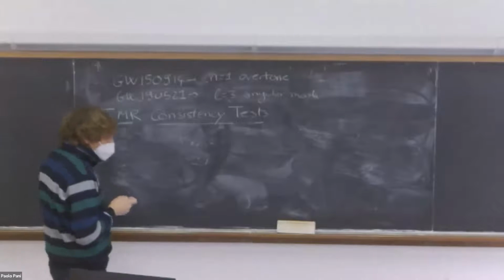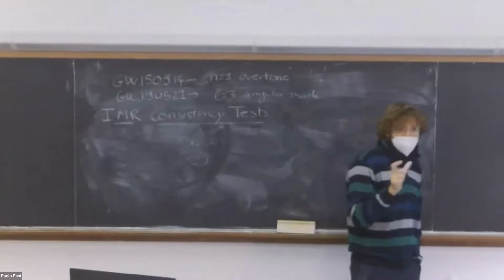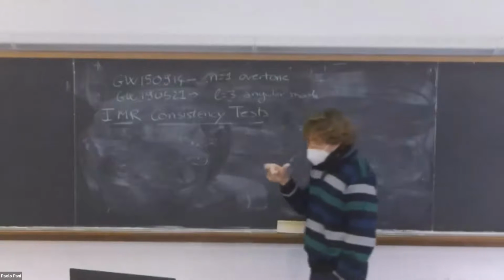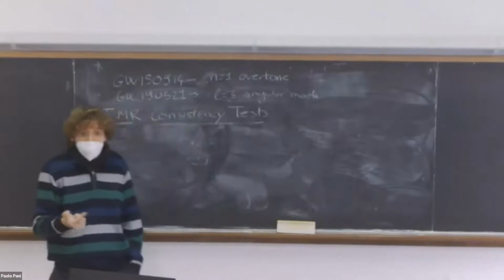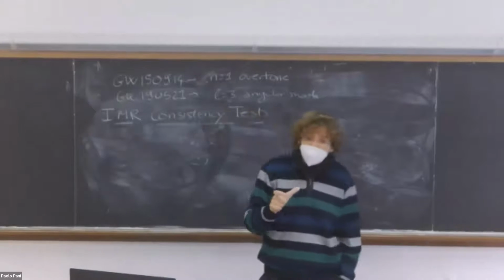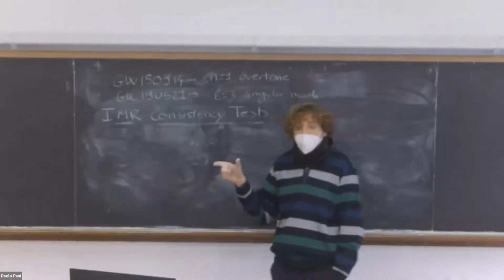Which means that we can try to use portions of the signal and see whether the posterior distribution of parameters that we infer from a portion of the signal is consistent if we take different portions.